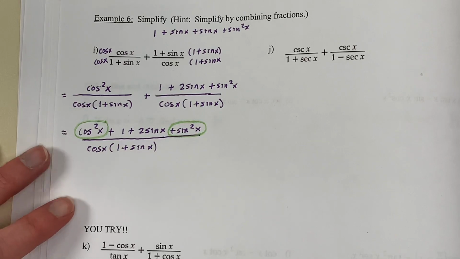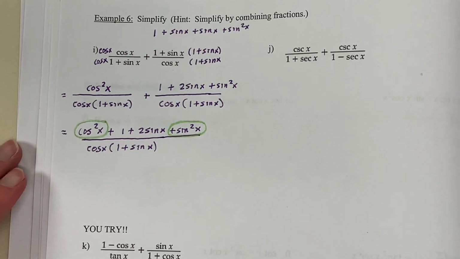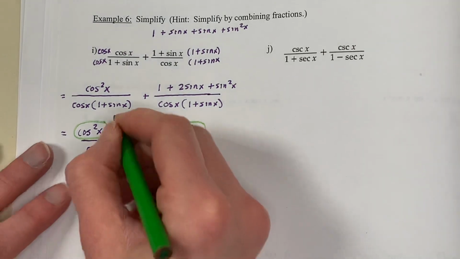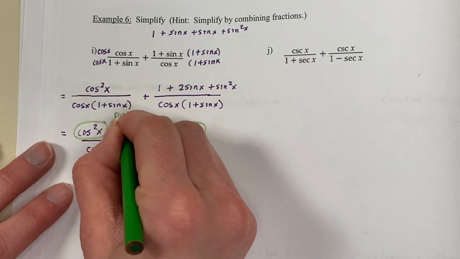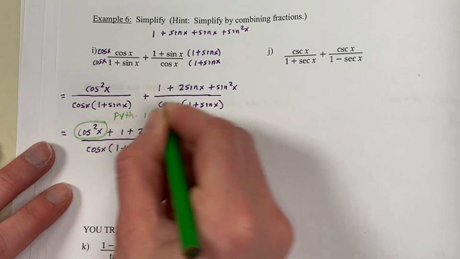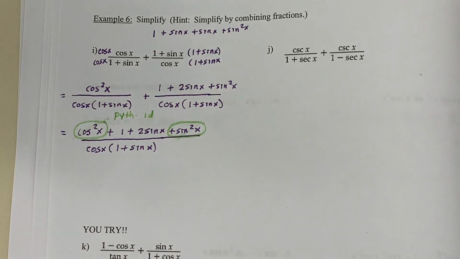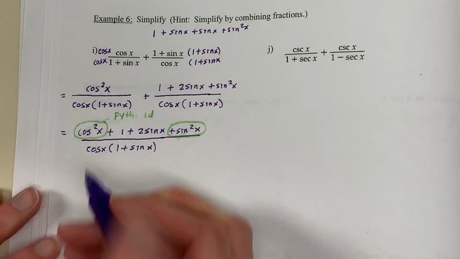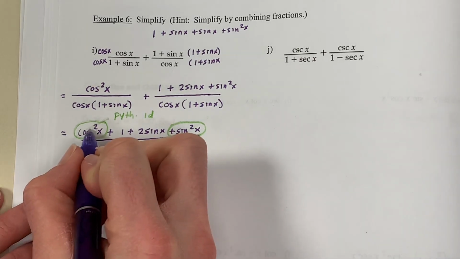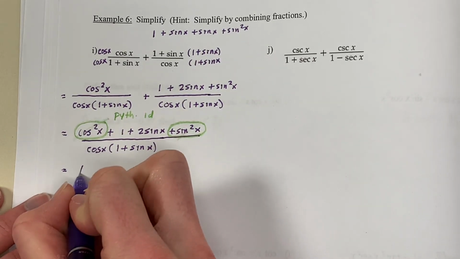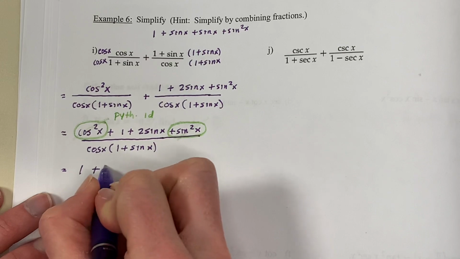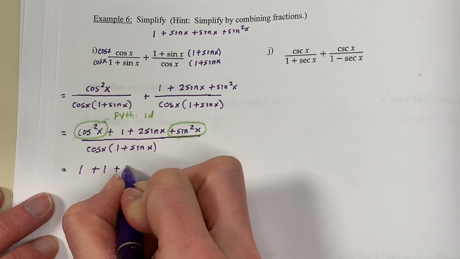Well, this is a Pythagorean identity, and cosine squared x plus sine squared x is equal to 1. So I can replace both the cosine squared x plus the sine squared x with 1, and I bring down my plus 1 plus 2 sine x.